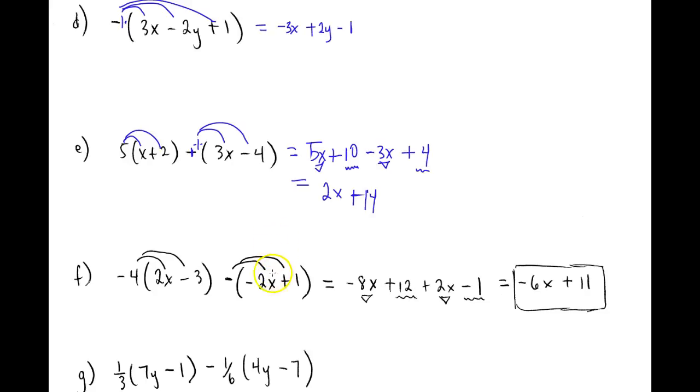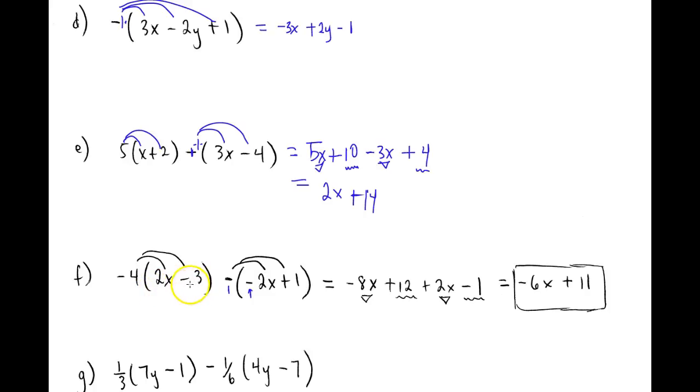For example F, you can see sort of the same thing. The one thing that's different now is that in addition to us having a subtraction sign here, we also have our first term inside of our second grouped term that is negative as well, so we have to watch that. So for our first term here, we just get a -8x.